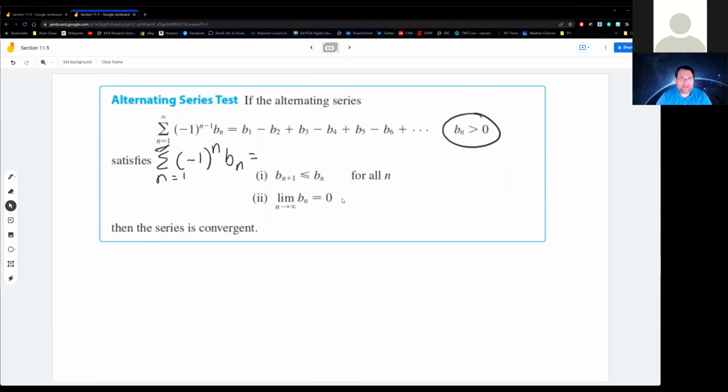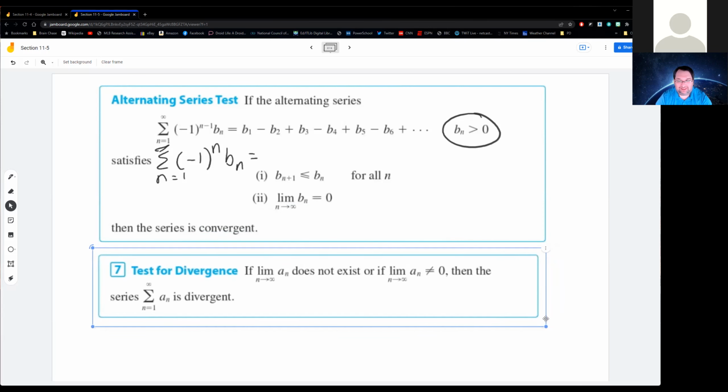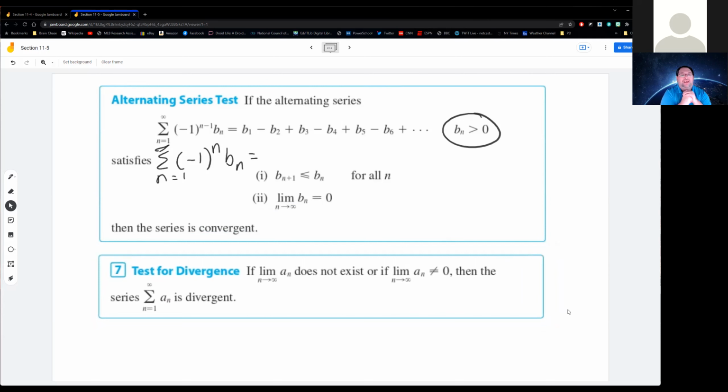So we're testing specifically for convergence. This will tell us nothing about divergence. Kind of. But yes, the alternating series test does not tell me divergence. It only tells me whether it converges or not. However, there's a caveat to that, which I was about to tell you. Look at these two rules.